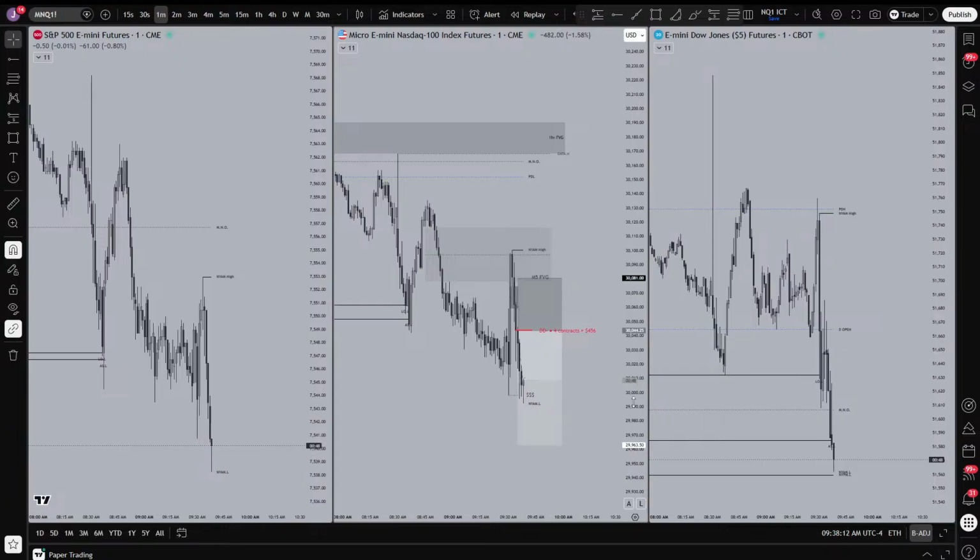Just edging here. I took to 963. Honestly, 961 does look like a good area as well that I have marked out. I didn't take this on my funded, so I'm kind of pissed. I wasn't fully confident in it.